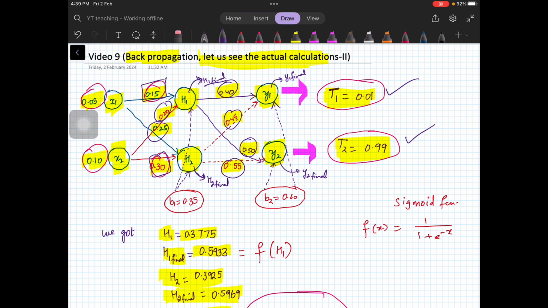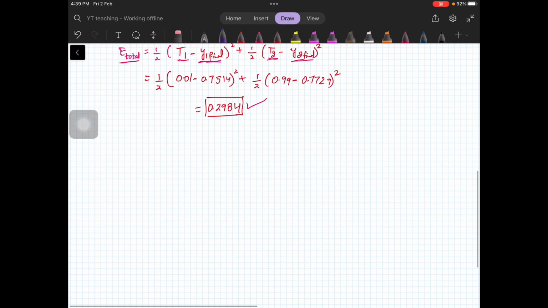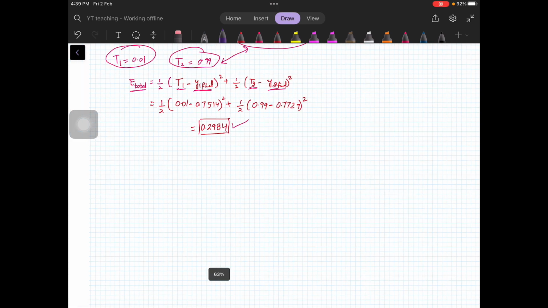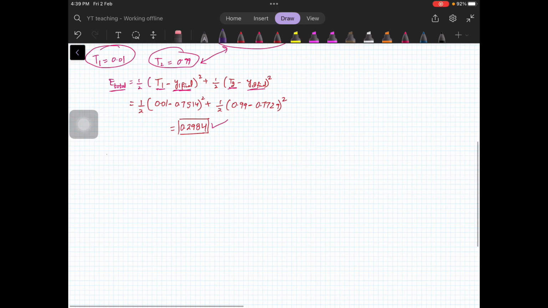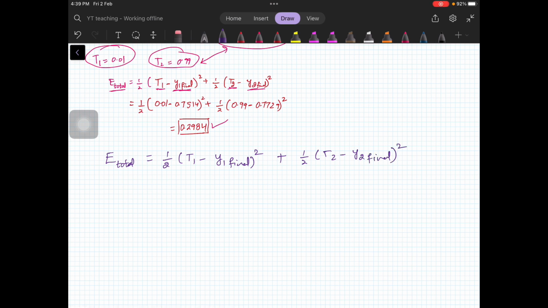What is the idea? The idea is that you have your total error, which we just calculated, defined as 1/2 (T1 minus y1 final) squared plus 1/2 (T2 minus y2 final) squared. Now suppose I want to update the weight wij, any first layer weight.